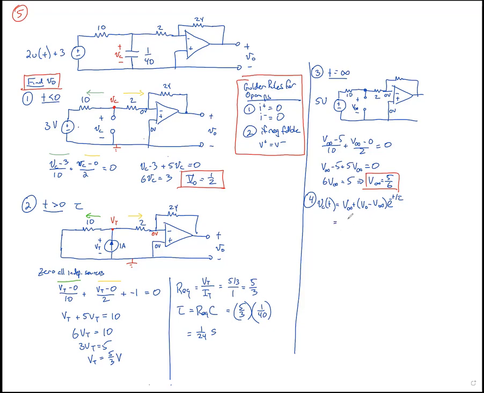So we can now plug in 5/6 plus, let's see, we start off at a half minus 5/6. That's 3/6 minus 5/6. So that would be minus 1/3 e to the minus t over tau.